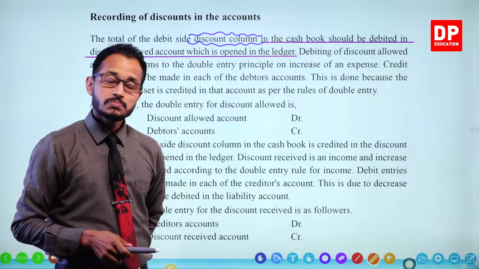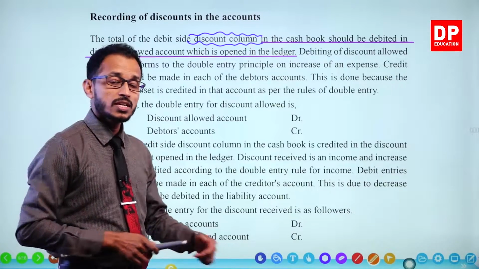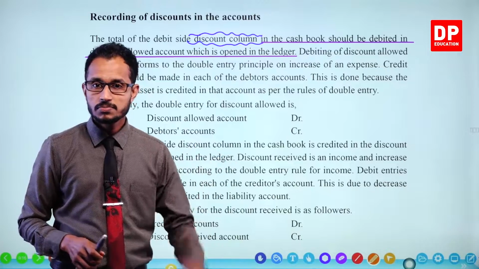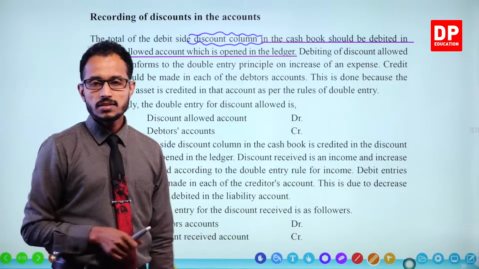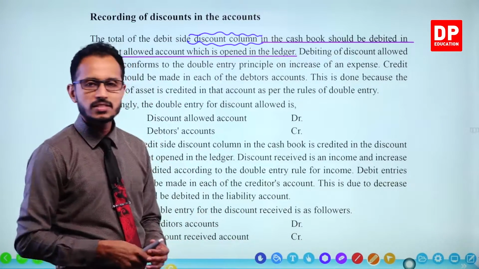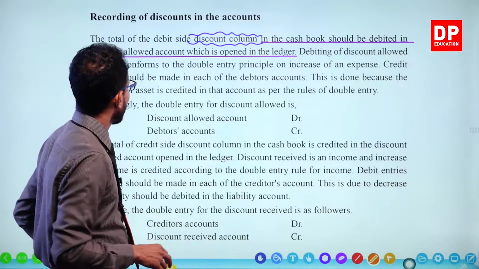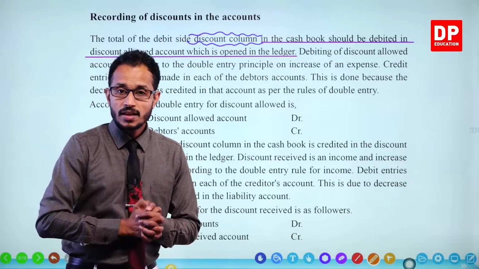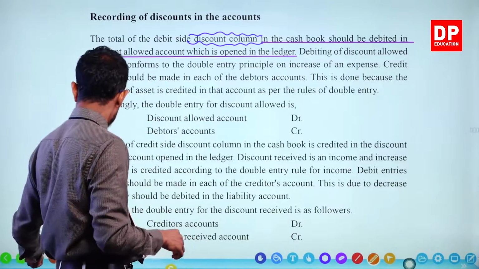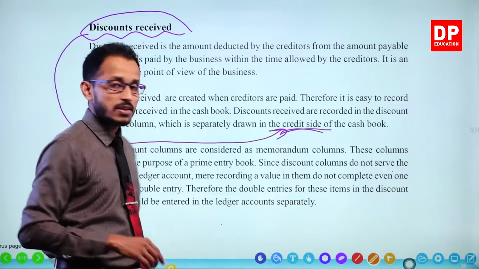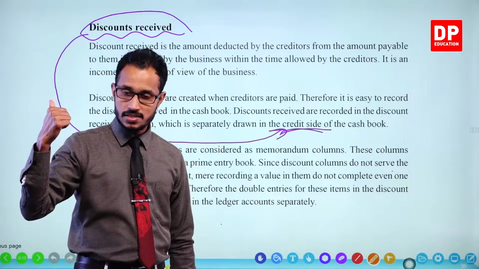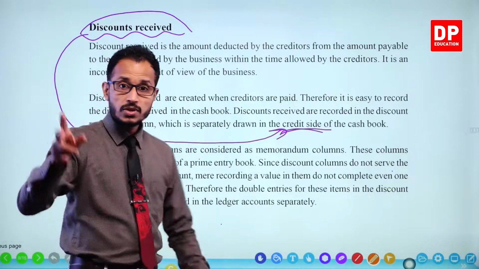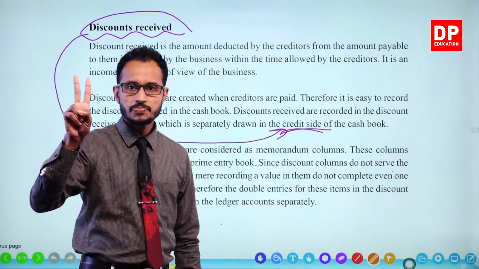Now, children, can you guess which discount column comes to the debit side of the cash book? Obviously not. Well, some of you may have guessed already, but it's not a guessing game, it's a learning game. So I'll tell you. Children, in the previous session, of course, you learned that there are two types of cash discounts.